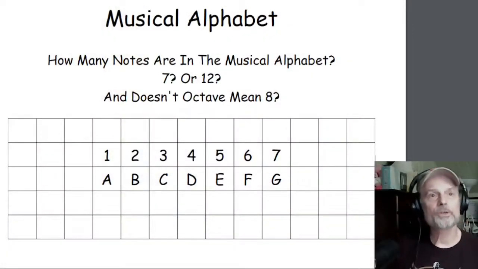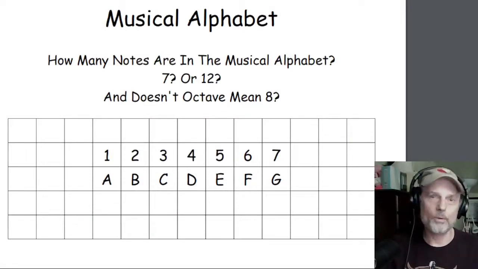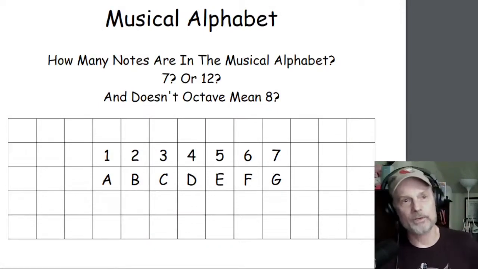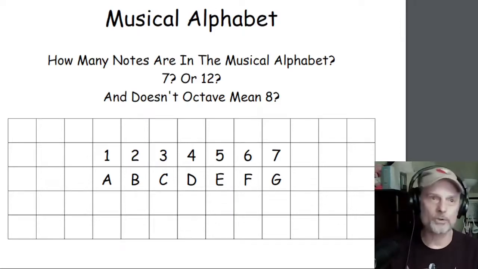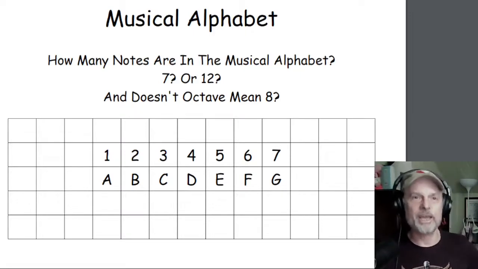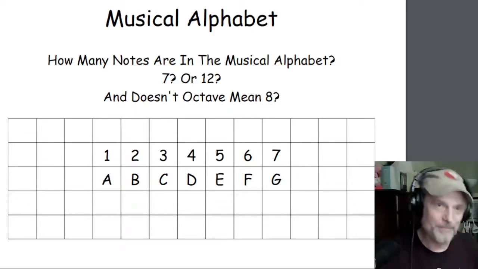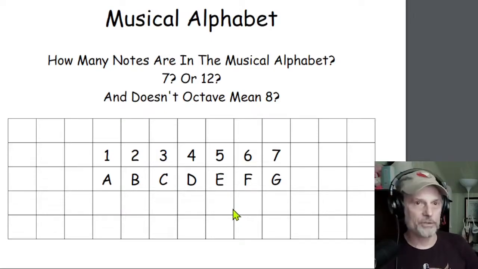Here we have the musical alphabet. Now you might wonder, what do you mean the musical alphabet? Is there 7? I thought you said there was 12. And didn't you tell us octave means 8? Haha. Yes, there is 7. A, B, C, D, E, F, G. Those are the only letters that make up the musical alphabet.